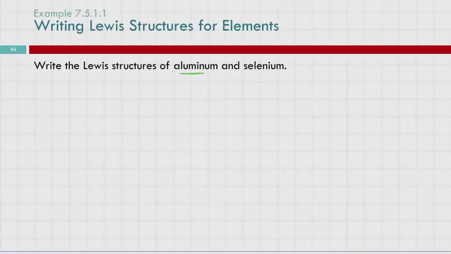Okay, so aluminum, Al, on our periodic table. Group 3A, 13. It has 3 valence electrons. Selenium, 6A, 16. 6 valence electrons.